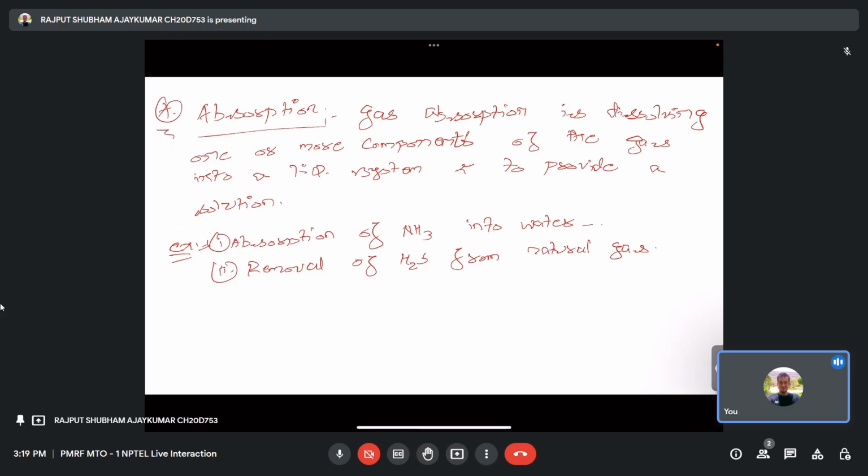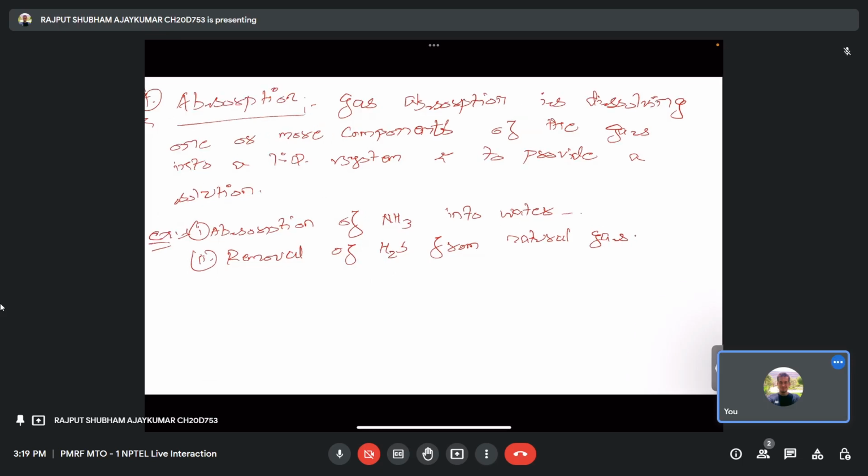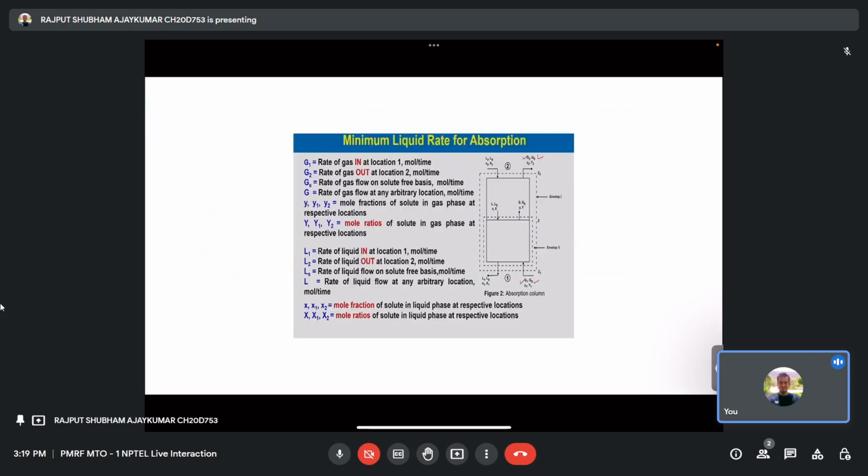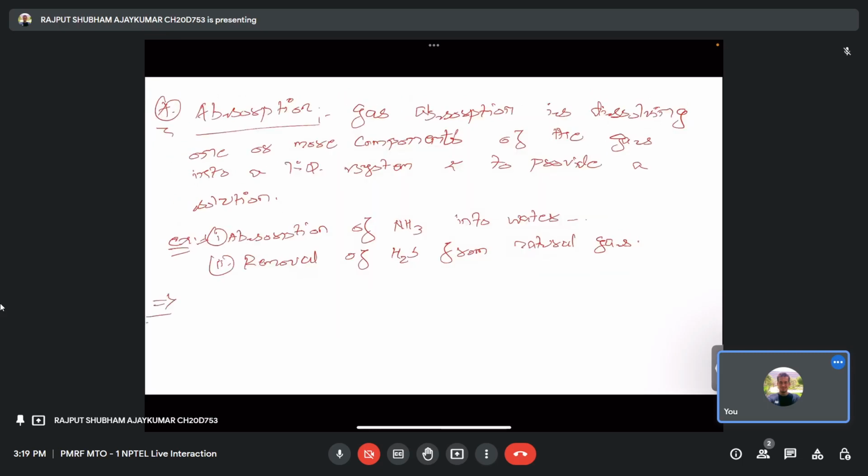Absorption occurs via two different processes: one is chemical, another is physical.